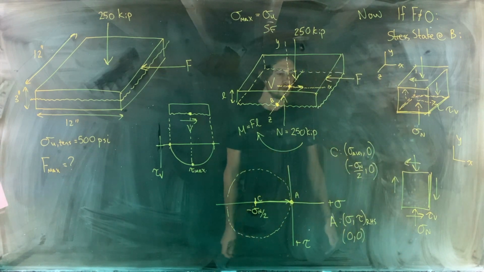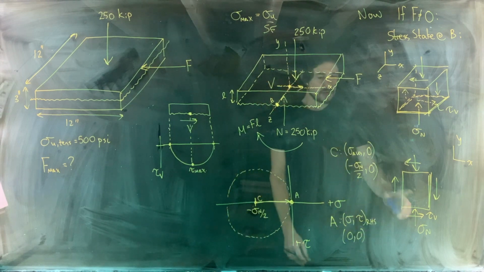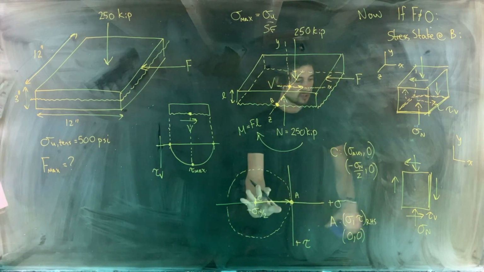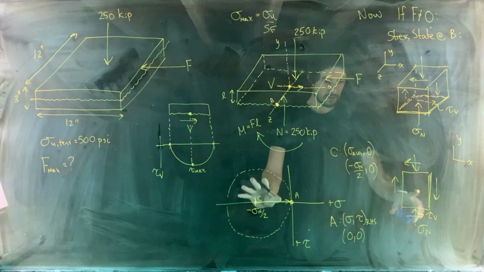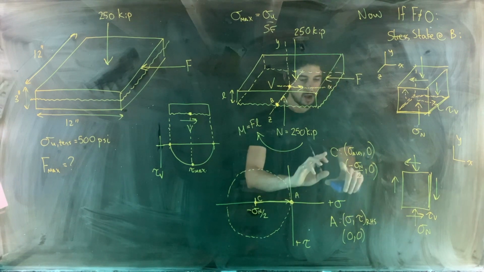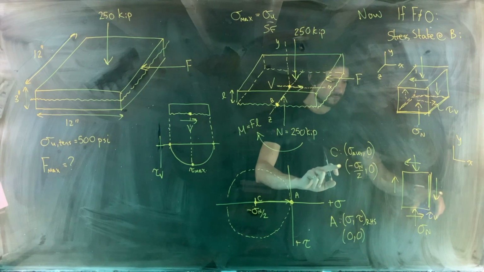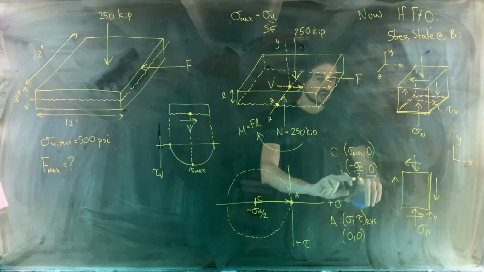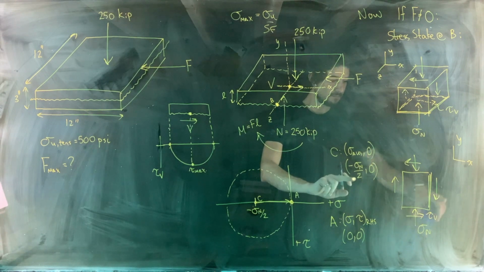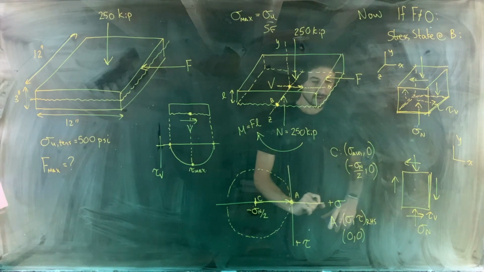Okay, perfect. So now how does this change the circle now that we've changed the volumetric element, right? So the center of the circle stays the same because we've just added a shear stress, so that doesn't change the average normal stress. The average normal stress is still sigma n plus 0 divided by 2.